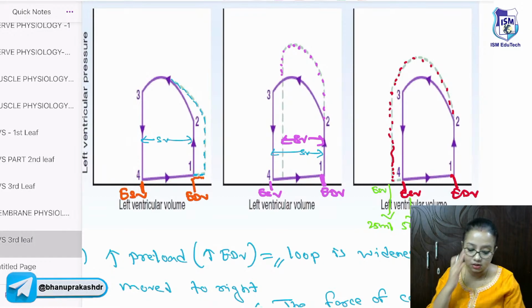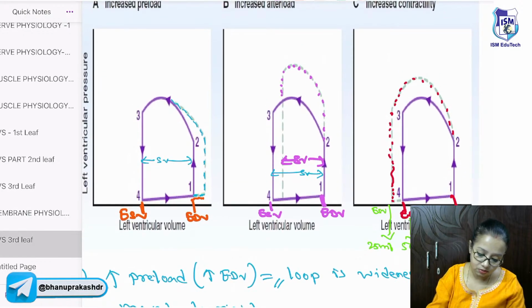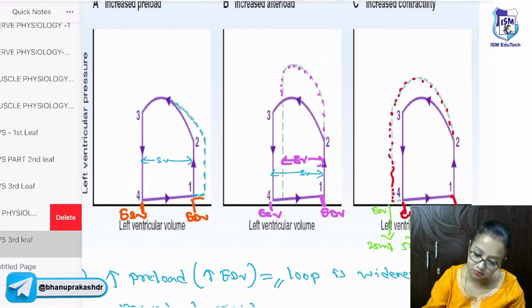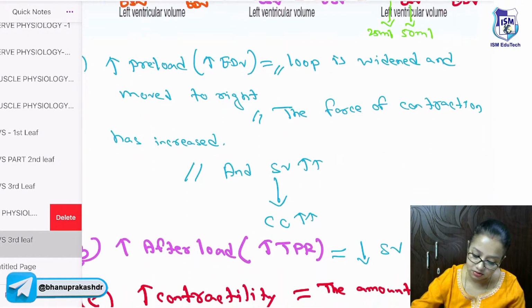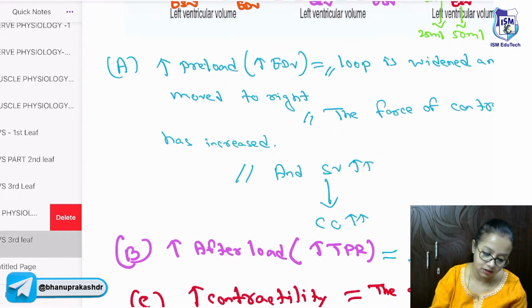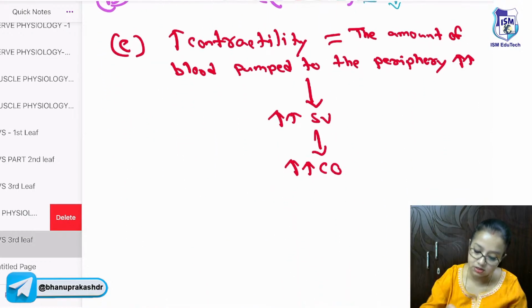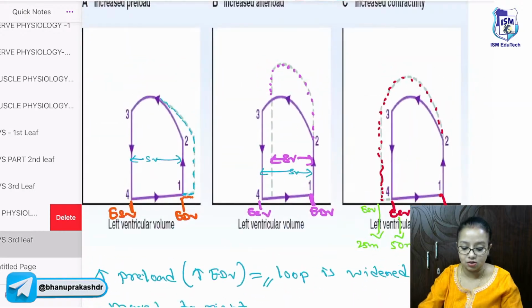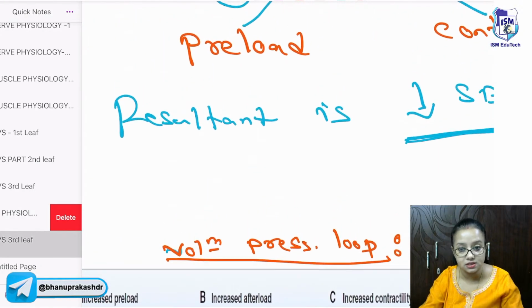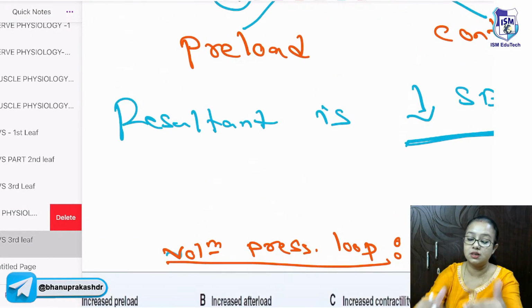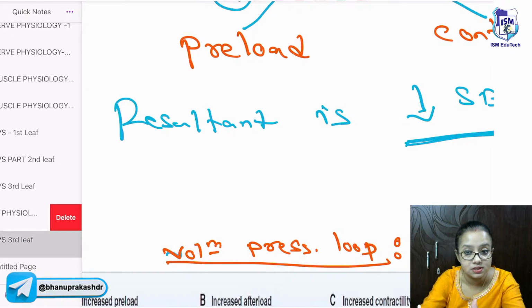Okay. So this graph for us is to remember the various determinants that we have studied so far. Now this is all about our cardiac output. We started with the definition. We started with the extended part of the Wiggers diagram.